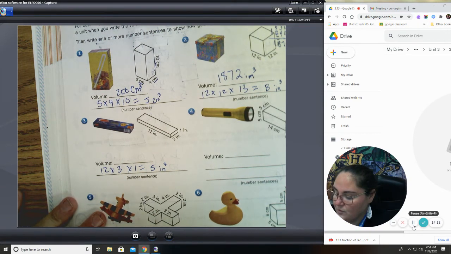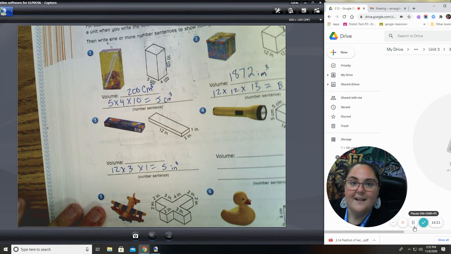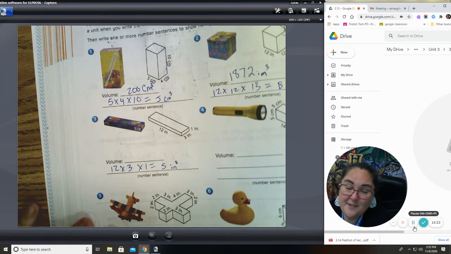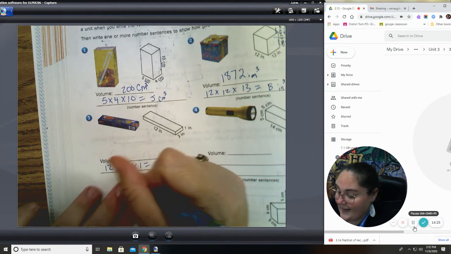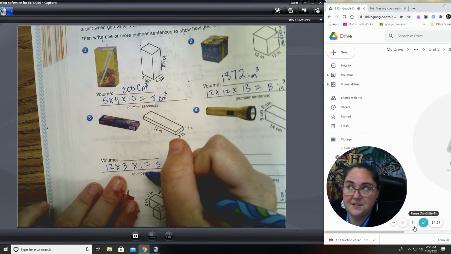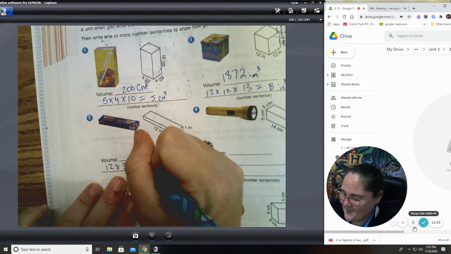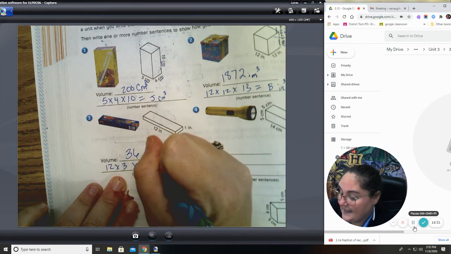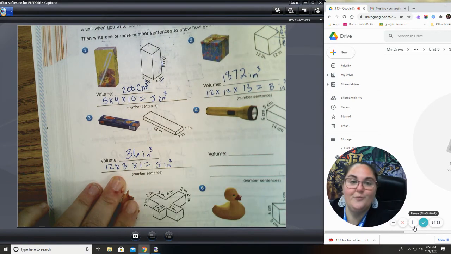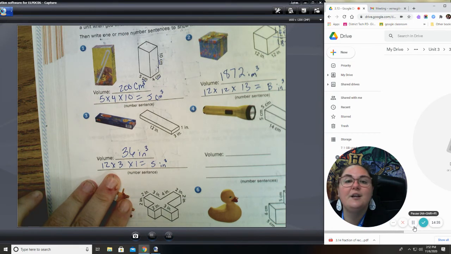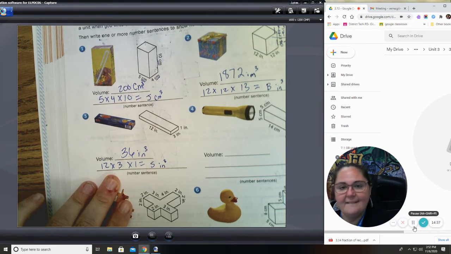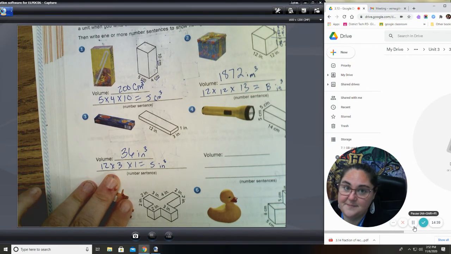All right, do the math. What is my actual volume of this box? The volume of this box to me is pretty easy because I know that 3 times 1 is 3. Times 12 is going to be 36, and it's inches cubed. Remember, volume is cubed.